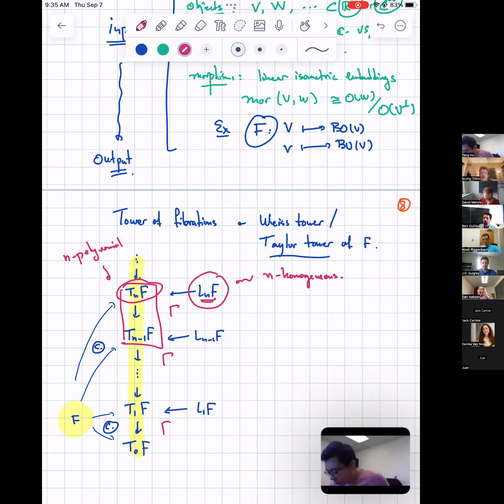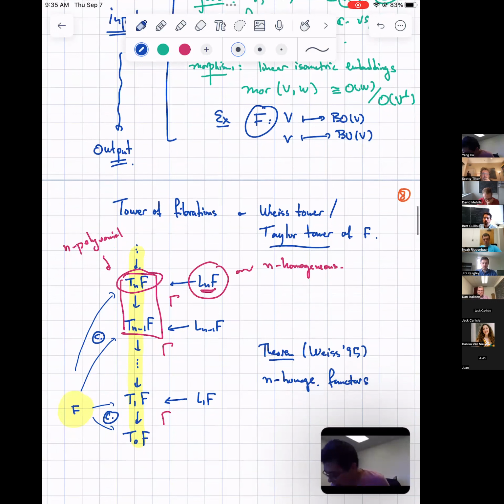And a fundamental theorem of Weiss calculus is that homogeneous functors are classified by spectra with actions of unitary groups. So n-homogeneous functors are classified by U(n)-spectra.